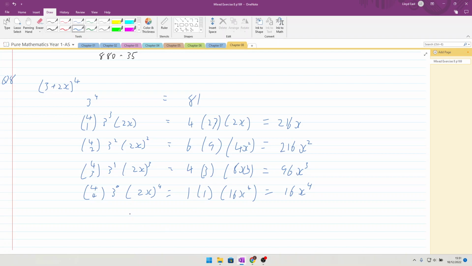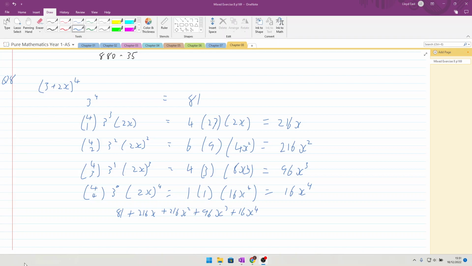So, writing it all out, 81 plus 216x plus 216x squared plus 96x cubed plus 16x to the 4.